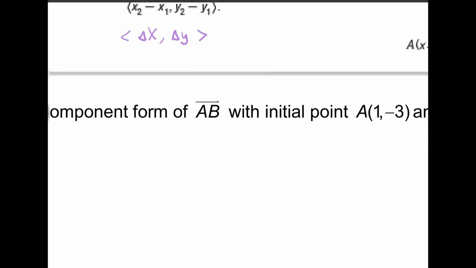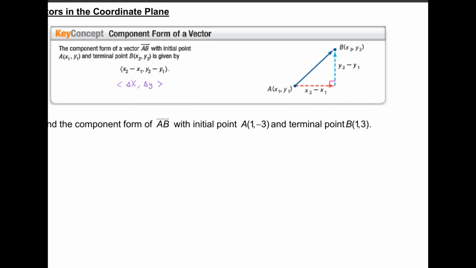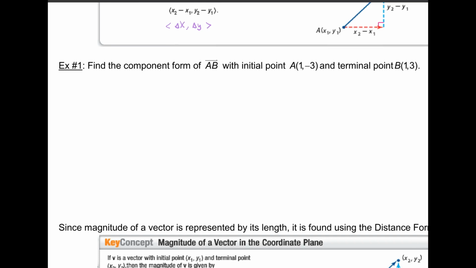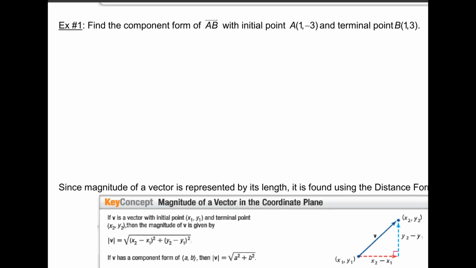Cool. All right, let's just do the example. Find the component form of AB with initial point (1, -3) and terminal point (1, 3).